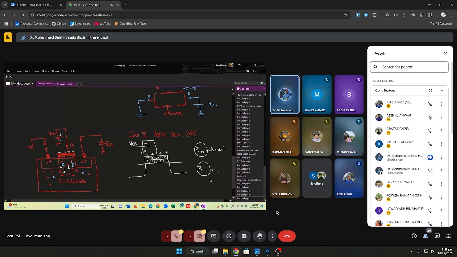As the holes move downward, you are going to have negatively charged boron ions, one after another. So the depletion region is due to the exposed boron ions, the exposed negative charge.